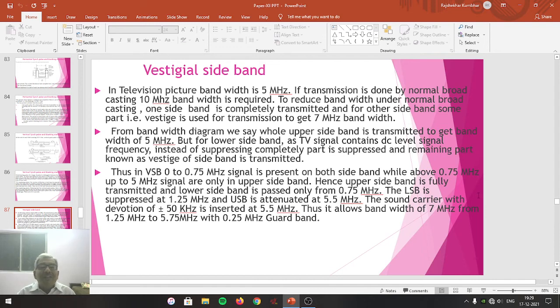The sound carrier with a deviation of plus or minus 50 kHz is inserted at 5.5 MHz. Thus, it allows a bandwidth of 7 MHz from 1.25 MHz to 5.75 MHz along with a 0.25 MHz guard band. So if you add 1.25 MHz, 5.5 MHz and 0.25 MHz, it comes to 7 MHz.